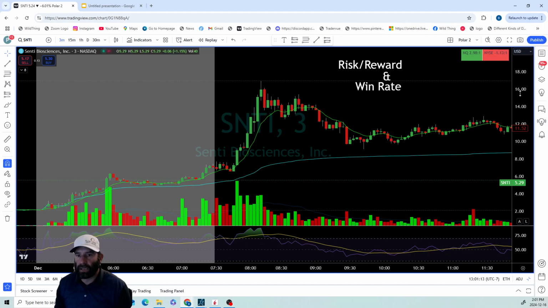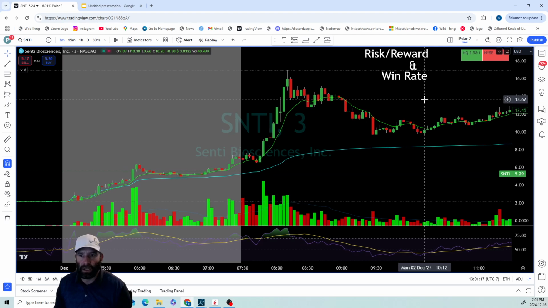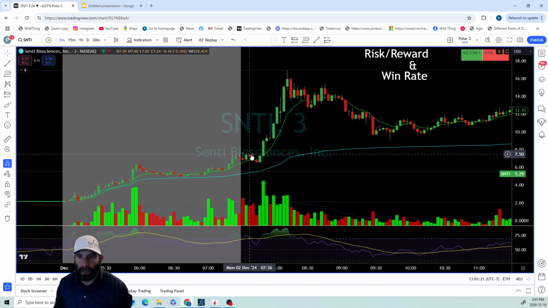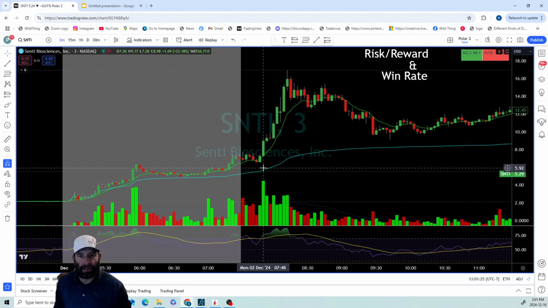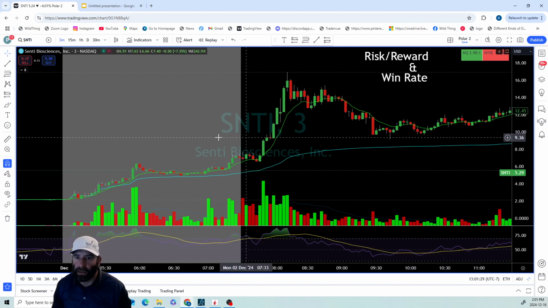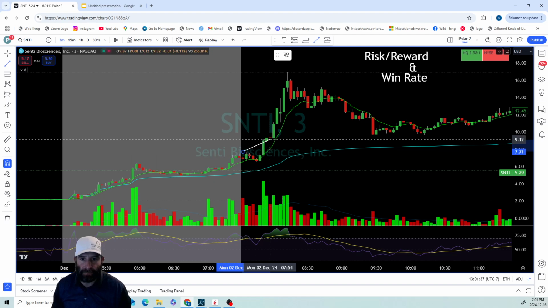And let's just dive in here and show you how I would determine how many shares to take, what our unit of risk is going to be, and how we're going to manage that trade in order to get us in the green there. So on this particular stock here, we identified this level of resistance here, right over the 770s.